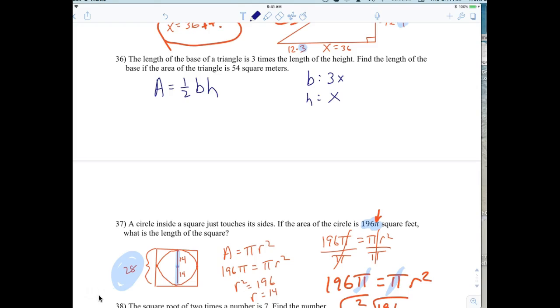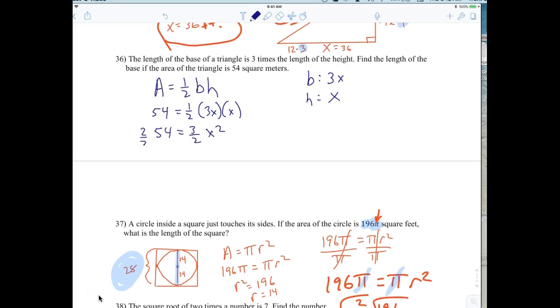That's how I like to look at it. So then it says the area is 54, so 54 is equal to 1/2, the base is 3x, and the height is x, so 54 is equal to 3 over 2 x squared.